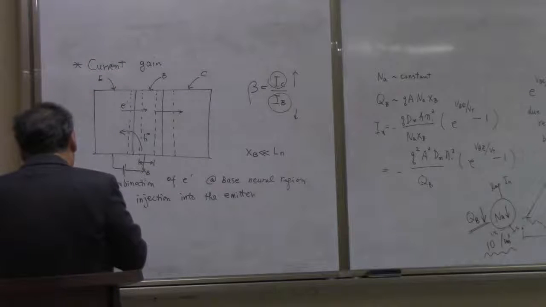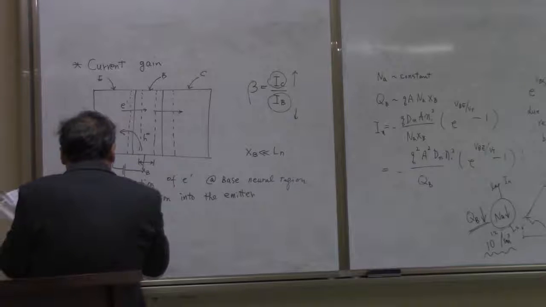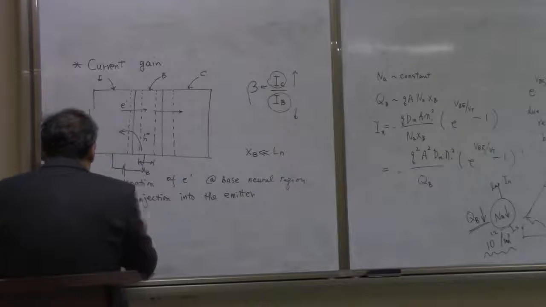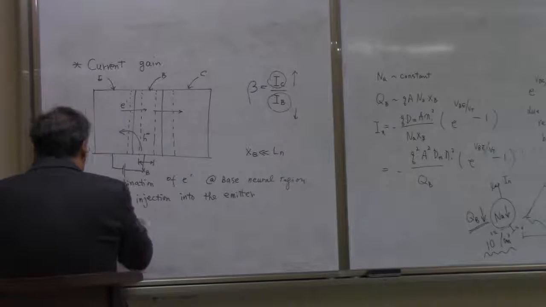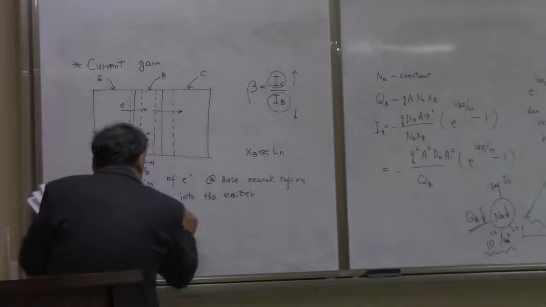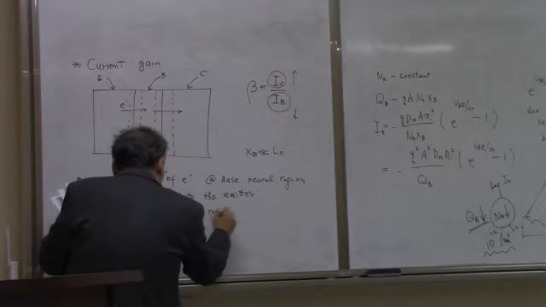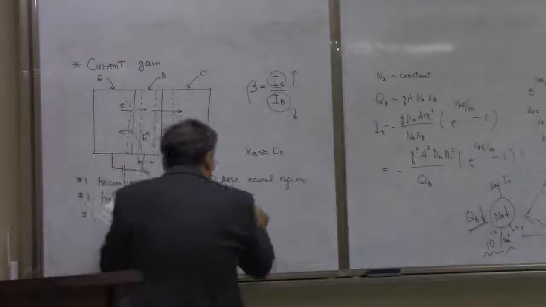And the final factor which will decrease that gain is going to be the emitter-base space charge region recombination.